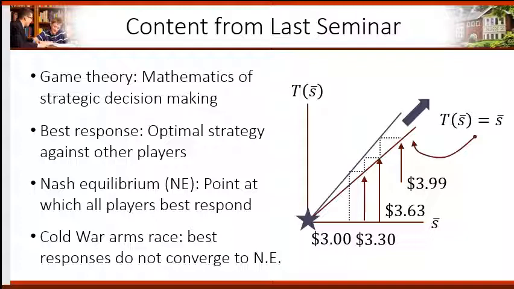If another player invests $0 and I want to invest 10% more than 0, that's actually still 0, and vice versa. So that is a Nash equilibrium, but the problem is that the dynamics of the best response move away from that. So you can never get to that perfect point, and obviously we see that there was this Cold War arms race going on.